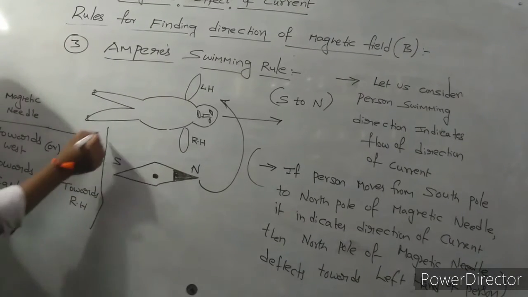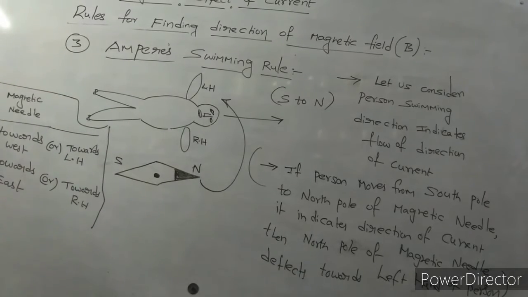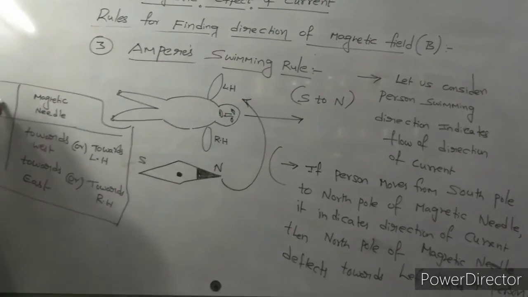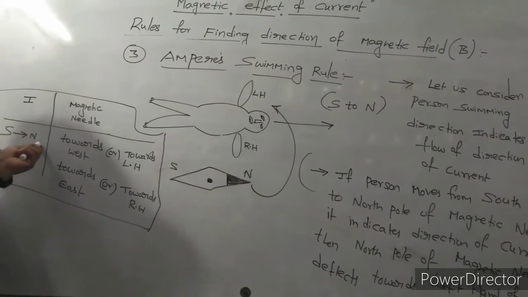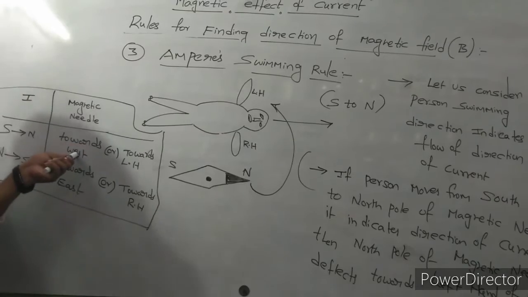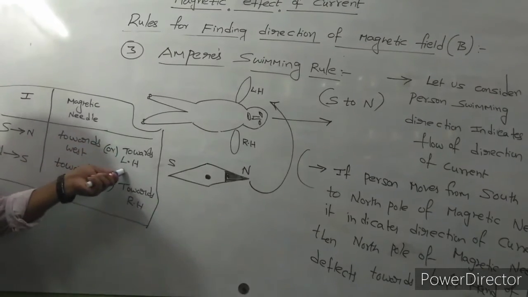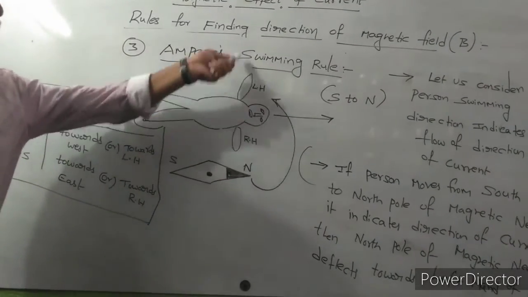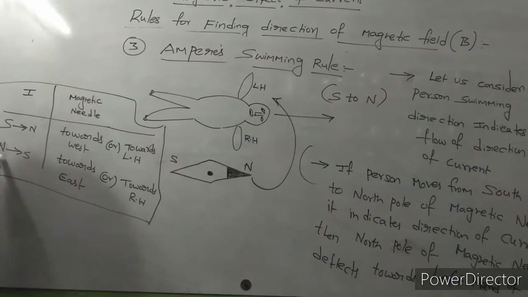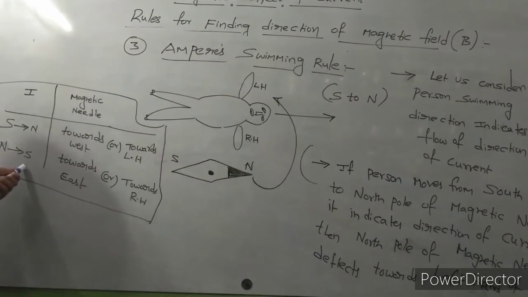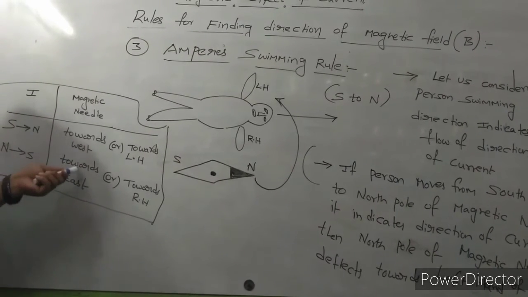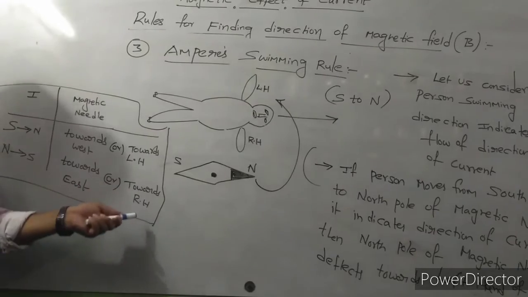My dear students, this note point is very, very important. If the current direction is south to north, the needle deflects towards west or left hand. And if the current direction is north to south, the needle deflects towards east or right hand.